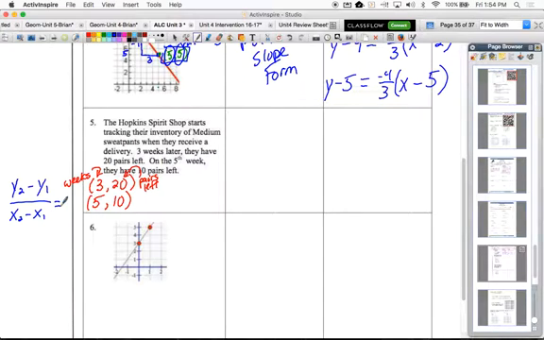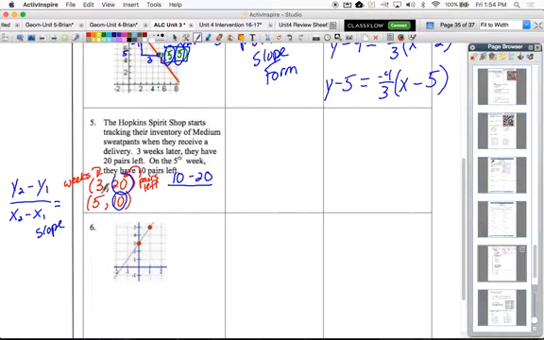Well, in this particular case, to get the y values here, it depends on which one you want to do first. Let's take the second one minus the first one here. So the second y value would be 10, and the first y value would be 20. Okay, so 10 minus 20.